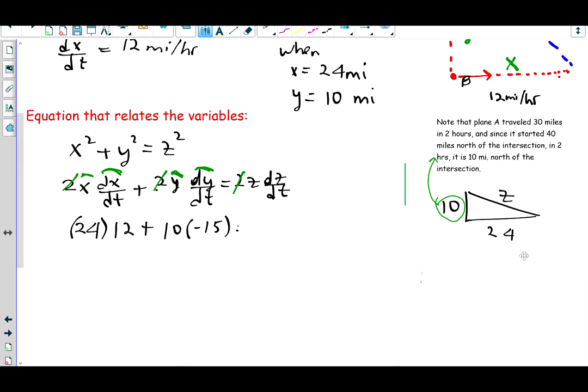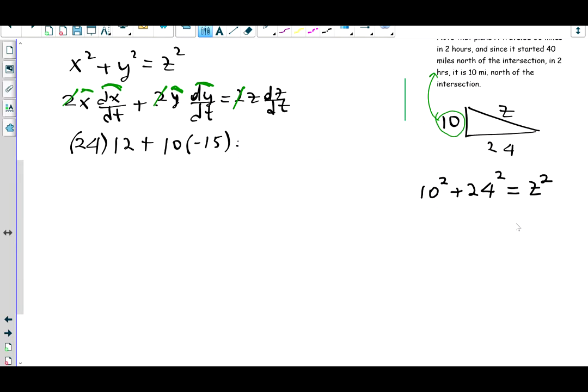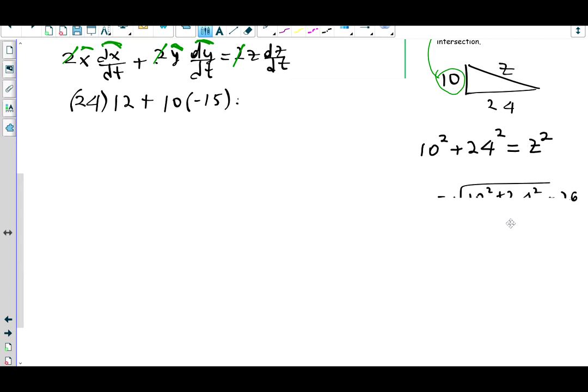So we can write that 10 squared plus 24 squared equals z squared. From there we can solve for z, which is the square root of 10 squared plus 24 squared. So it turns out that z is 26, and once you find that, you can come back and plug in z is 26 in your equation up here, and at that point the only unknown is dz/dt, and we can figure that out.